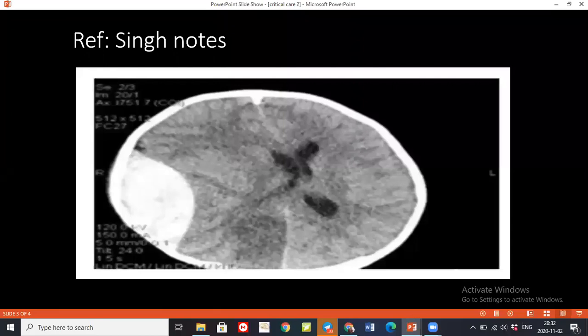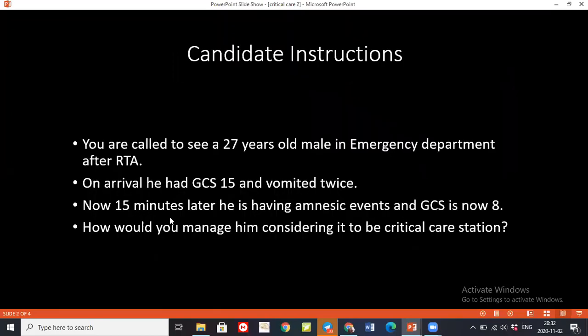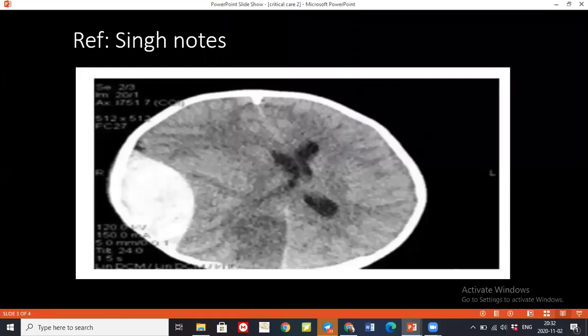Good. Before the patient dozed off, the patient had a normal Glasgow Coma Scale of 15, and then had some amnesic event. What is it called? A lucid interval. What is a lucid interval?